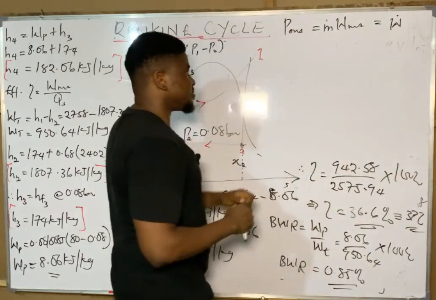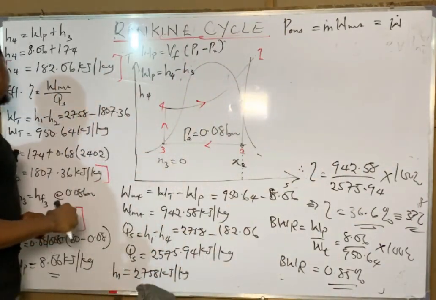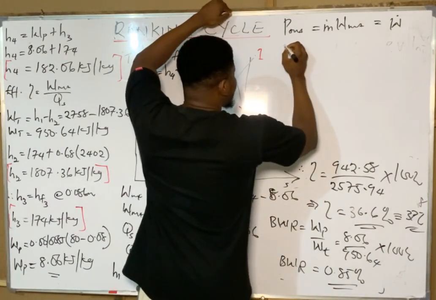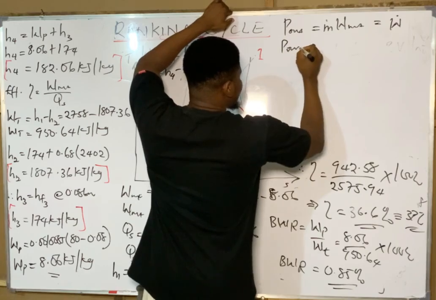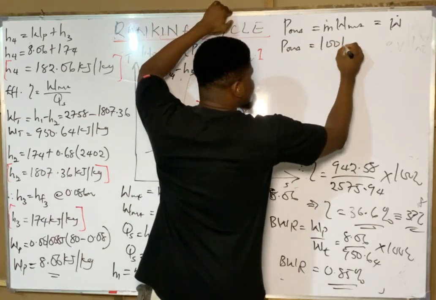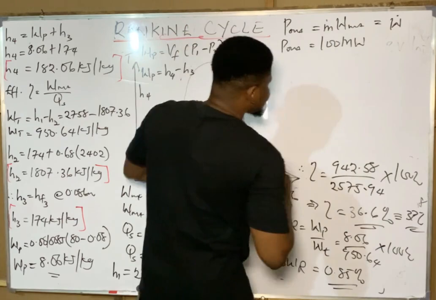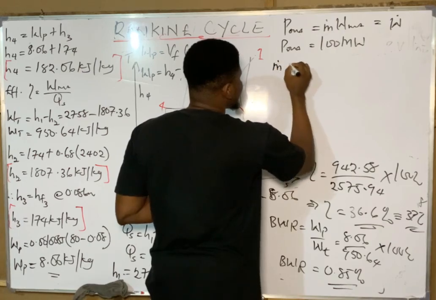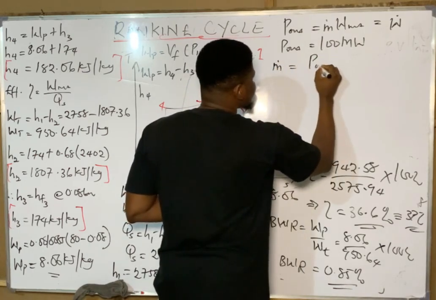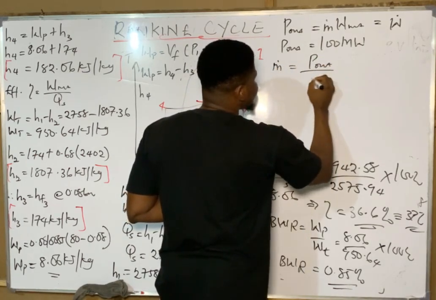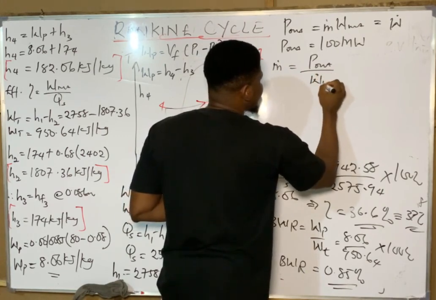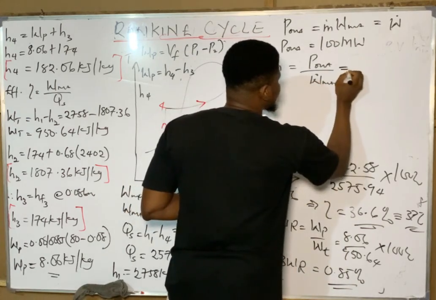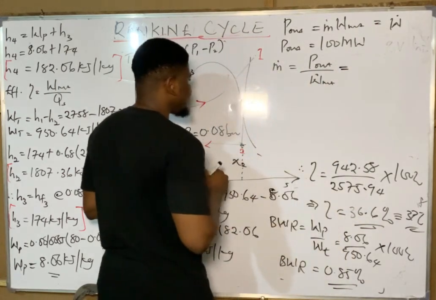The power output was given to us as 100 megawatts. If you make mass flow rate the subject of the formula, it becomes the power output all over the net work.